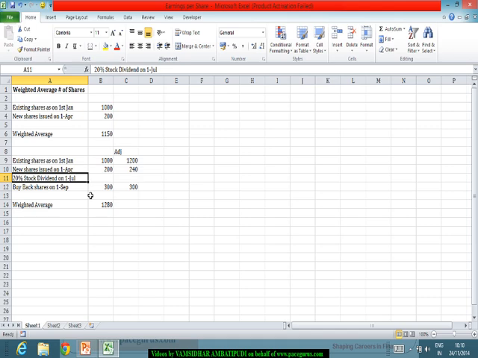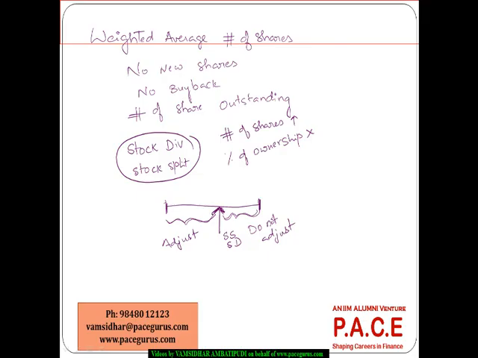Whenever there is a stock split or a stock dividend, all the shares that are outstanding from the beginning up to that particular point, you make the adjustment with the split or the dividend. But after that point, till the end of the period, any stock related changes that have come, we will not make the adjustment, we'll take it as it is. So this has to be really considered.